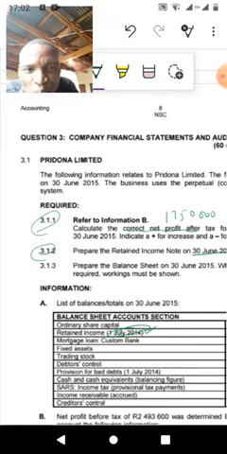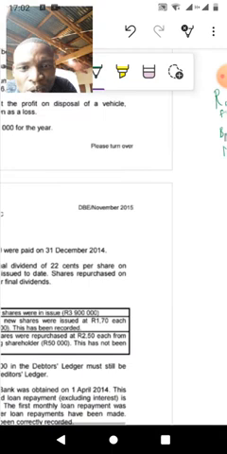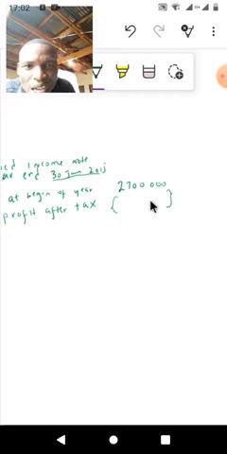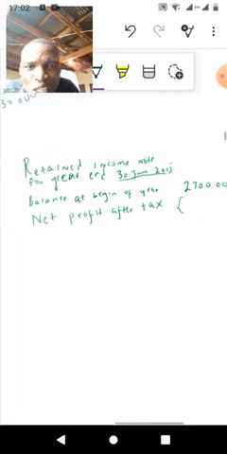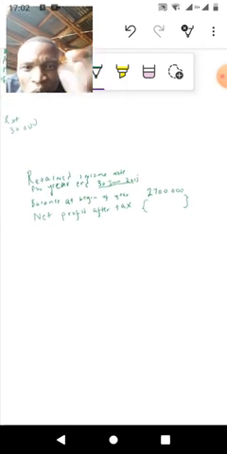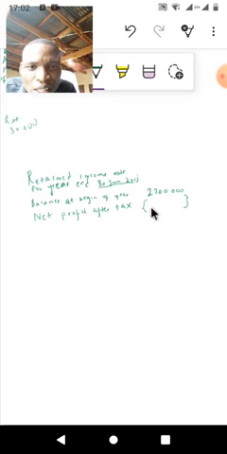If on 3.1.1 you said net profit after tax is 45,000, it means even here you should write 45,000. So that's why I'm saying it's highly unlikely to get the wrong answer here. Most likely it will be right only if it comes from the answer which you got from 3.1.1.